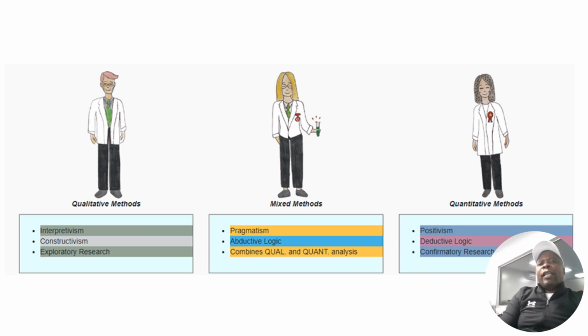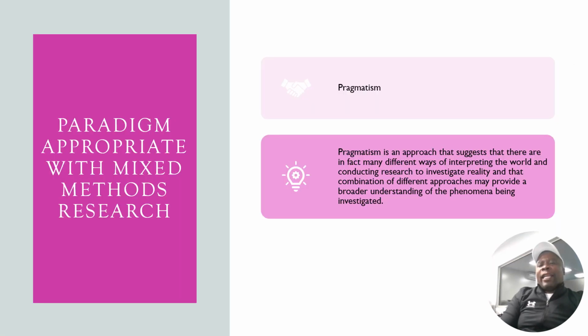And the best, most appropriate paradigm that you need to consider when you are using mixed method is pragmatism. It's one that, hey guys, you need to learn about. It's one of the best paradigms that are out there, pragmatism.